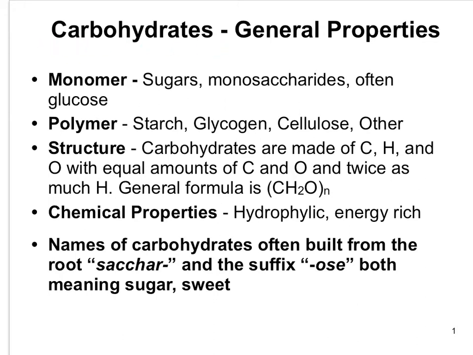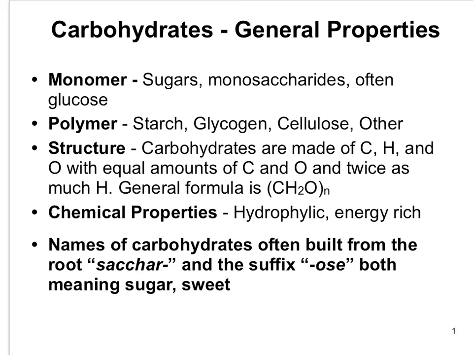carbohydrates. So the general properties of carbohydrates: it's a polymer, right? That polymer is made out of monomers, and those monomers are called sugars. A sugar is a monomer of a carbohydrate. Monosaccharides is another term that you will hear for it.